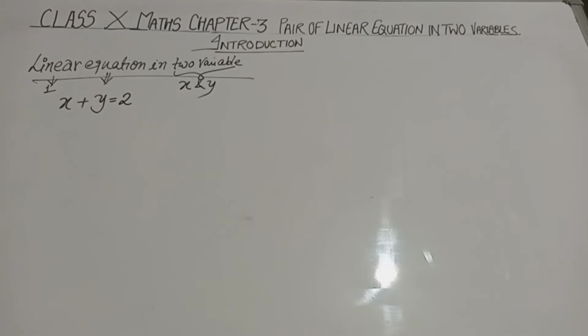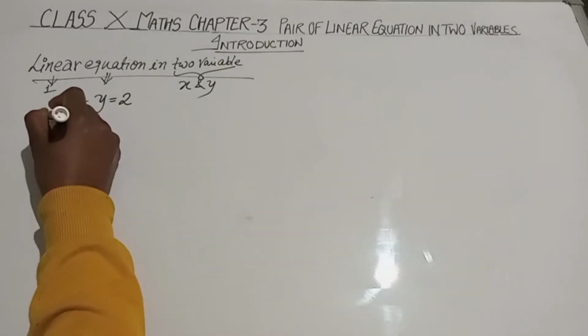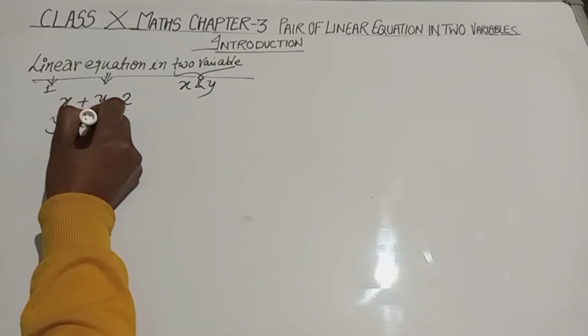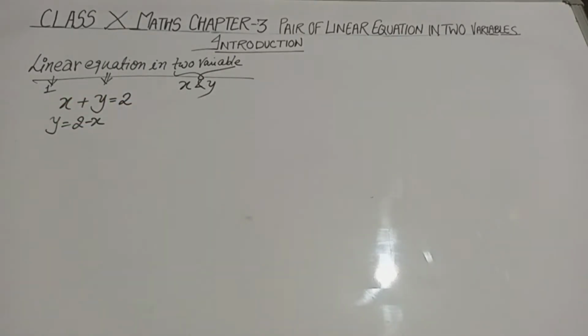In Class 9, we wrote y is equal to 2 minus x, and we put values of x. We know the numbers are infinite, so when we put infinite numbers for x, we get infinite values of y.